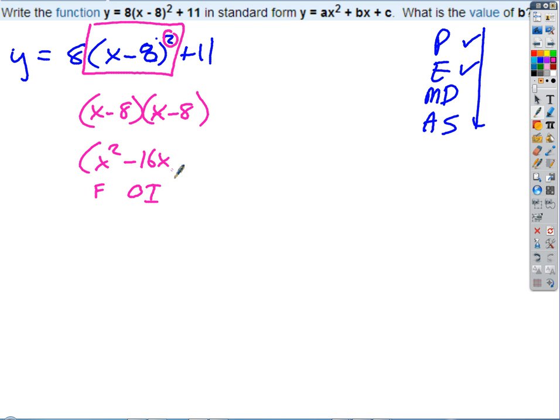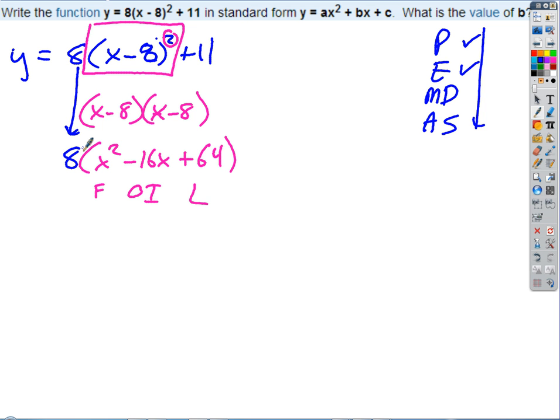Plus 64, because negative 8 times negative 8 is plus 64. That's the exponent part, but I've still got this 8 that has to get multiplied by that whole thing. Everything in the box has to get multiplied by 8.